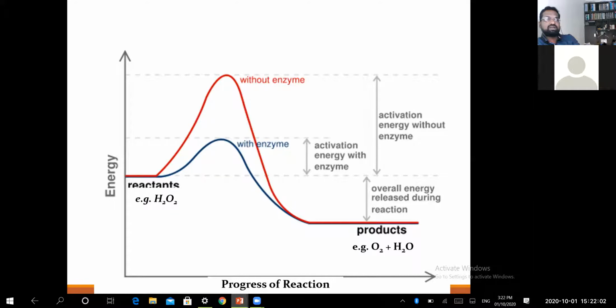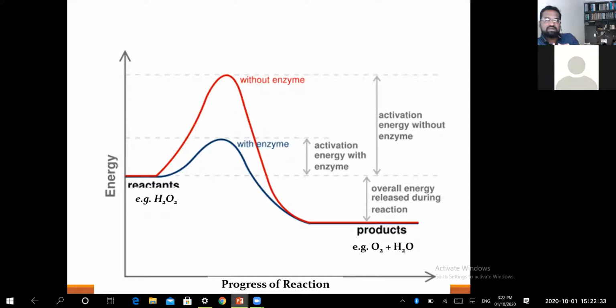If suppose there is a table or a wooden box placed on the floor, and if you want to move that box from one place to another place, you will just push that thing or you will just pull that thing. You will push or pull it, and during that process you exert a lot of energy for that purpose. Now that energy required is referred to as the activation energy.